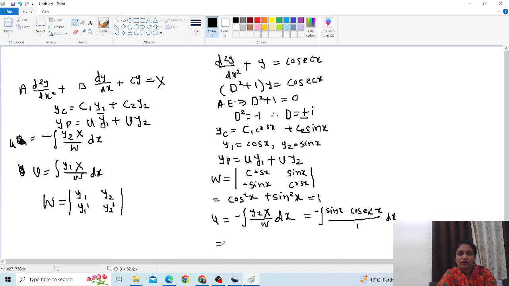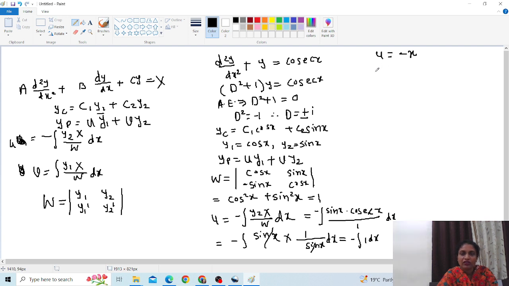So this is negative sin x into cosec x, which is nothing but 1 upon sin x, dx. So this sin x will get cancelled. You will have minus 1 dx. And what is integration of minus 1? So minus 1's integration is x. So it is minus x. This is value of u.